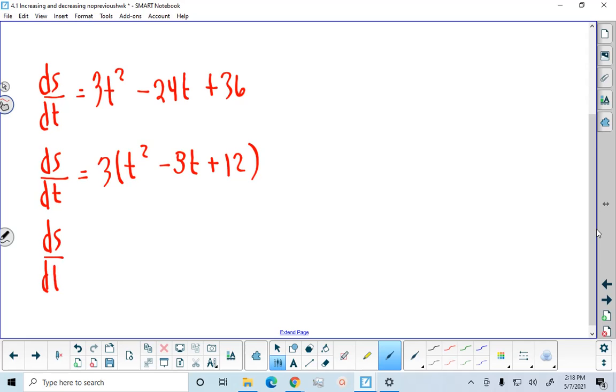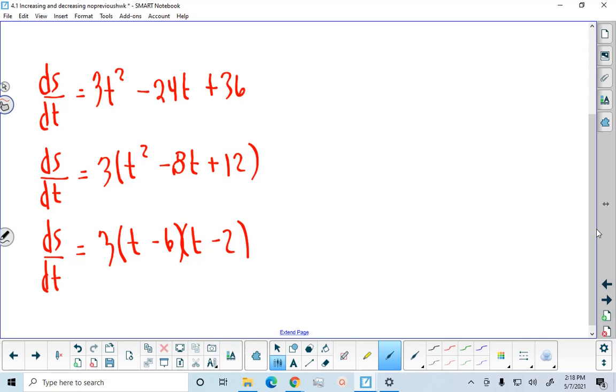The factoring here should be, like outwitting a 3-year-old, pretty simple. I better get it right. When I take the 3 out, I'm left with t squared minus 8t plus 12. And then two numbers that multiply to give 12 and add to give negative 8 are negative 6 and negative 2.